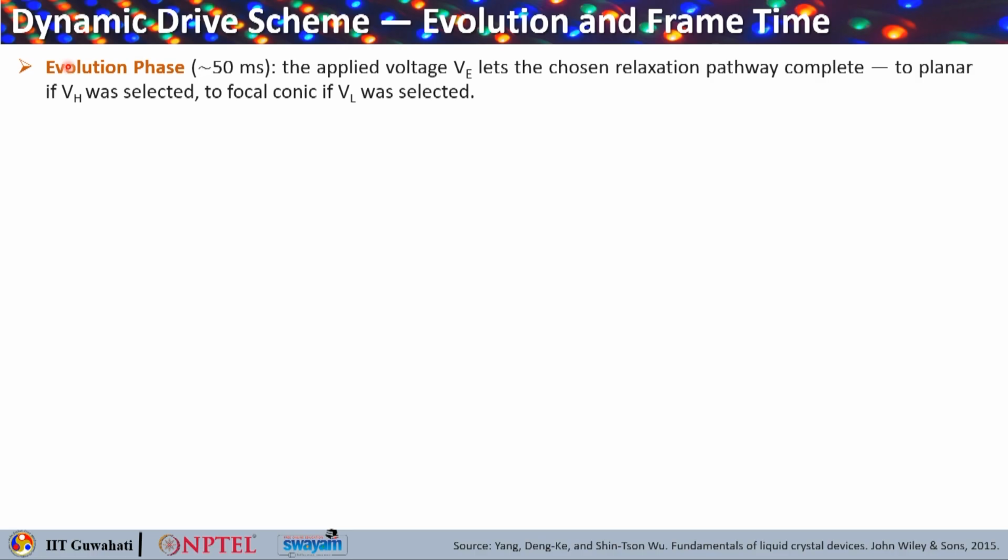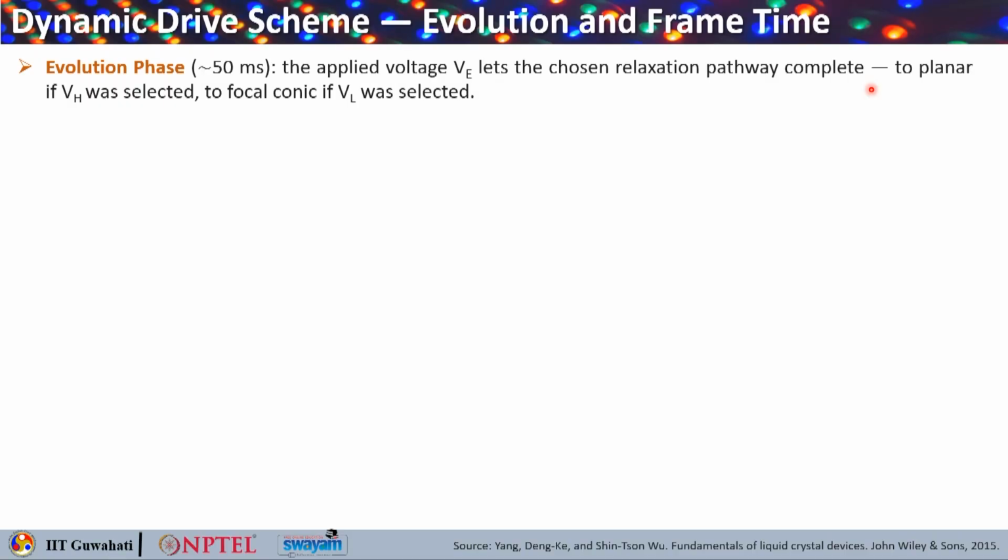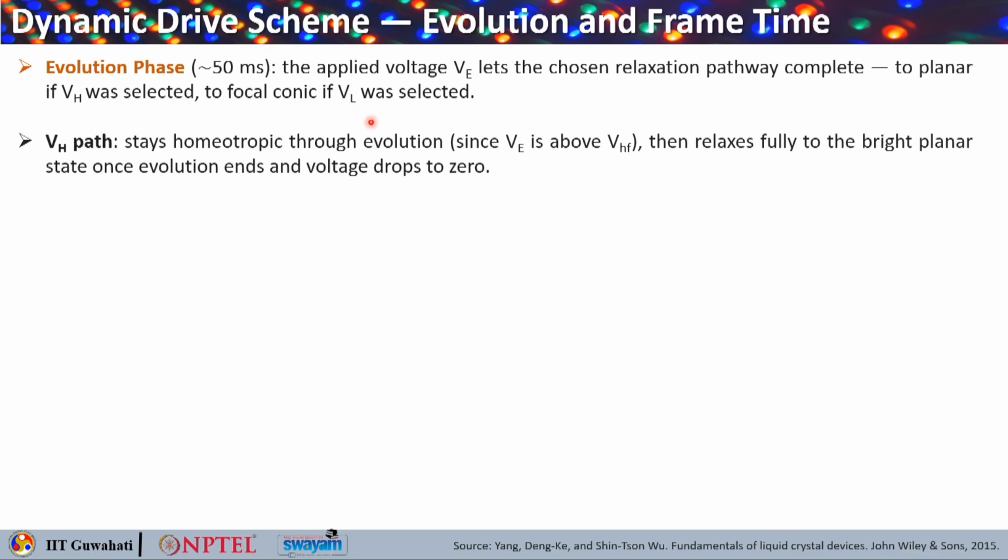Now you can also see that the evolution phase is also around 50 milliseconds. Here the applied voltage V lets the chosen relaxation pathway complete. It will take you to planar if VH was selected, or to focal conic if VL was selected.